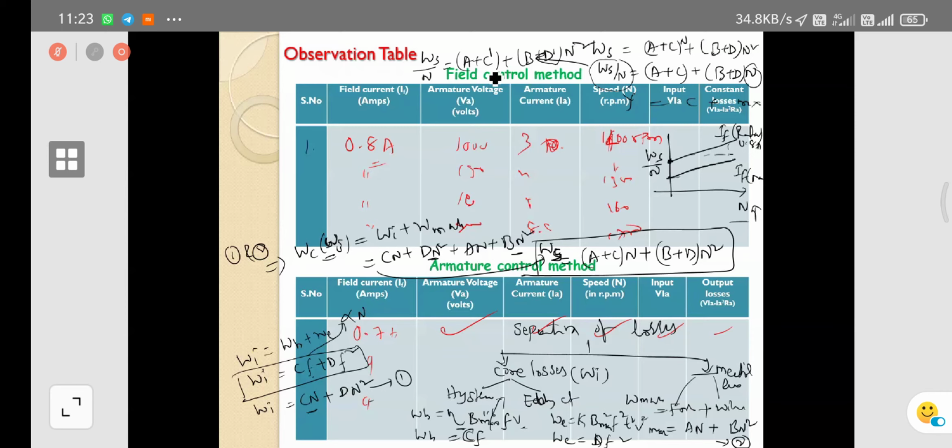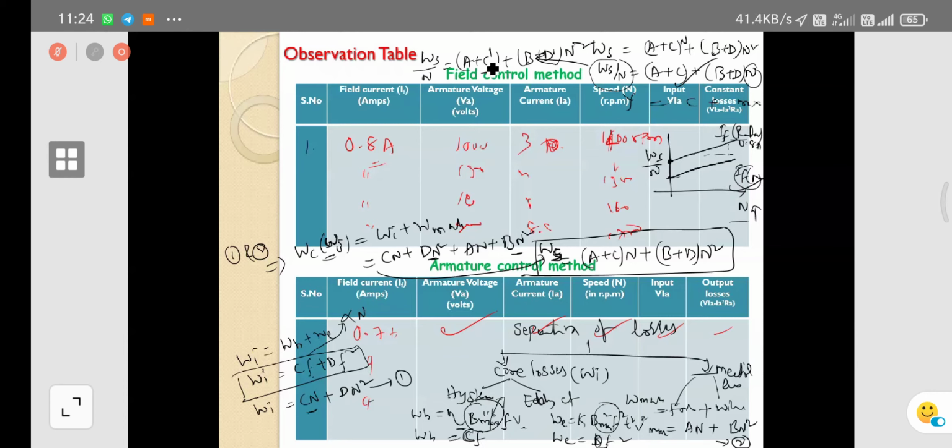For the rated field current you get this equation. For the reduced field current, C dash and D dash appear because of the change in maximum flux density; C changes to C dash and D changes to D dash.